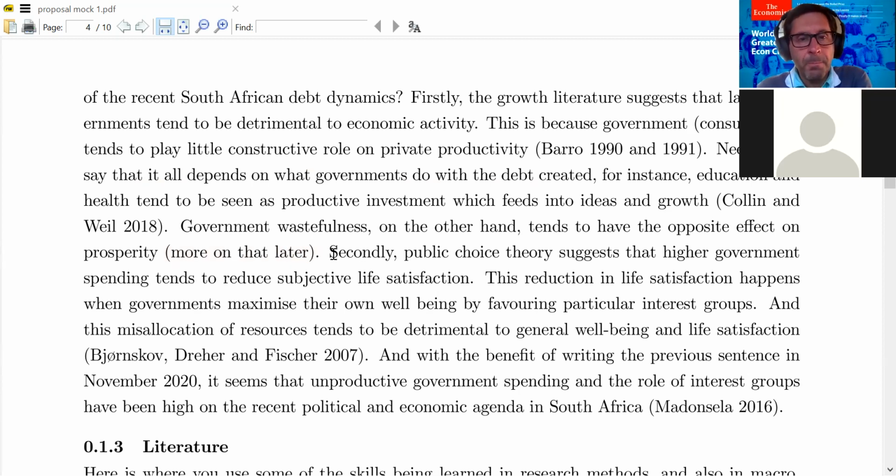Secondly, public choice theory suggests that higher government spending tends to reduce subjective life satisfaction. And this reduction in life satisfaction happens when governments maximize their own well-being by favoring particular interest groups. Again, what we are witnessing is very much about the government satisfying particular interest groups for 10 years.